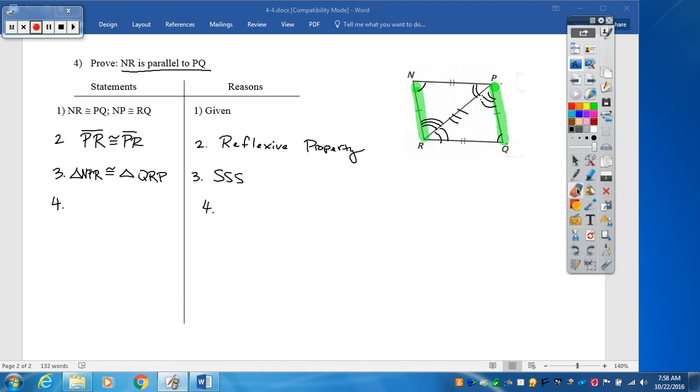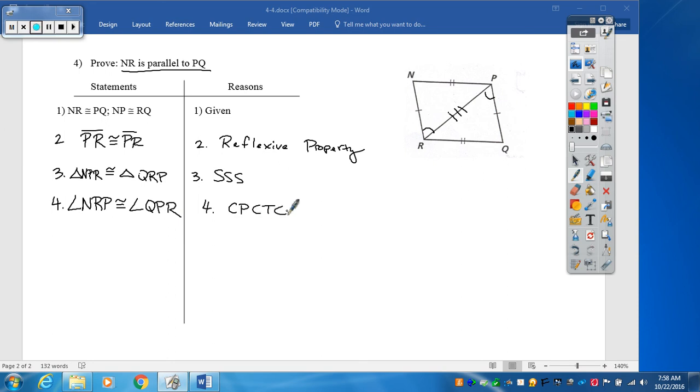Now, let me go ahead and clean this up a little bit so we can see this a little bit better. Okay. So 1, 2, 3. Here's the angles that we want to prove congruent in order to make those lines parallel. So I would go ahead and say something like this, angle NRP, again, because there's multiple angles to R. There's 3 angles there to R, so make sure you use NRP, is congruent to angle QPR by CPCTC.